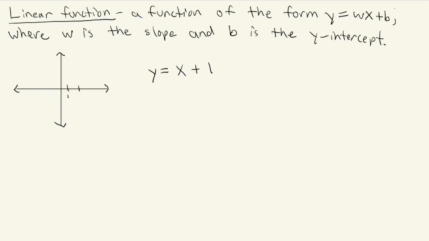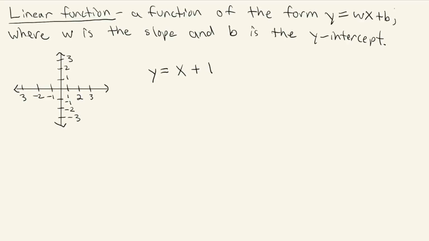Let's label the x-axis and graph this. This is a linear function because it's of the form y equals wx plus b. In this case, w is 1, so we don't even bother to write it because anything multiplied by 1 is itself. And b is also 1.